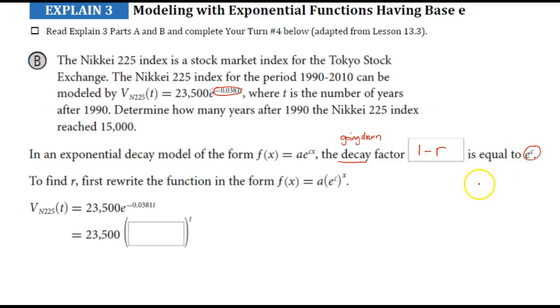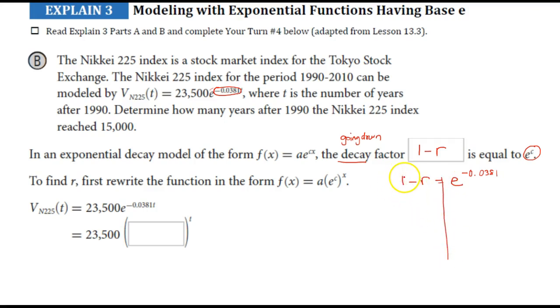So we're going to take some time before we actually graph this out to figure out what this would be. So this would be 1 take away r equals e to the negative 0.0381 power.